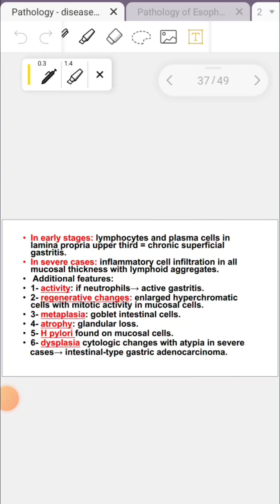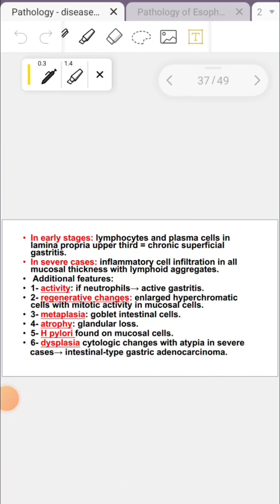Metaplasia, which we said is pathological metaplasia, is replacement of the foveolar cells or the glandular cells by goblet cells of intestinal type, to be more resistant to the inflammatory background. Atrophy: what is glandular atrophy? It means a diminished number of glands due to glandular loss. The thickness of the wall decreases; the mucosal thickness is diminished due to ongoing long-standing damage to the glands.